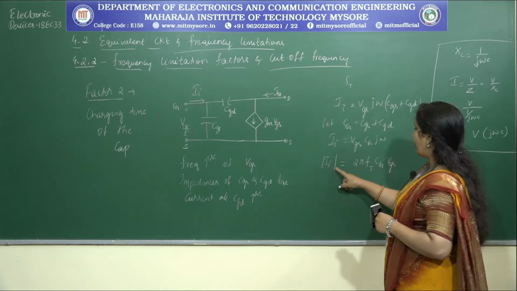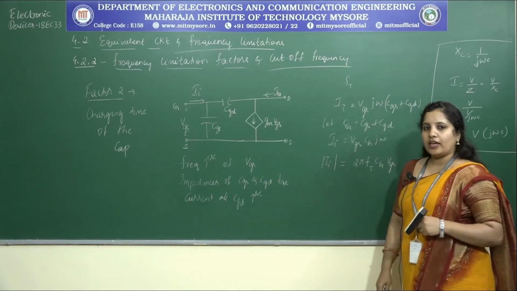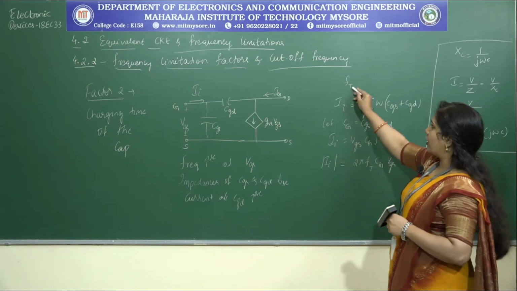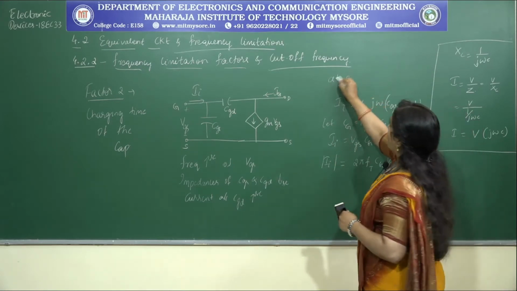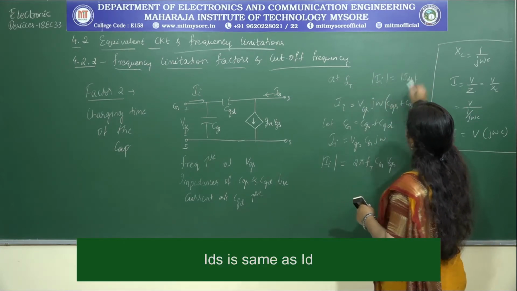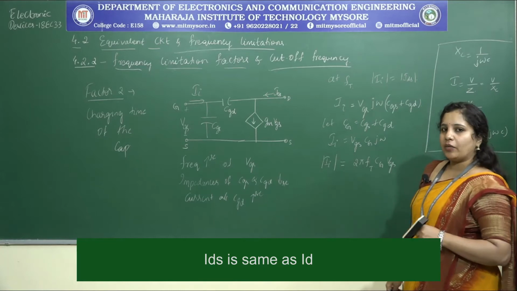Since I am considering the magnitude, the j term will not be taken into consideration. Done. Now, what is this equal to at the cutoff frequency? At the cutoff frequency, the magnitude of the input current is equal to the magnitude of the output current. Now, what is the output current equation?